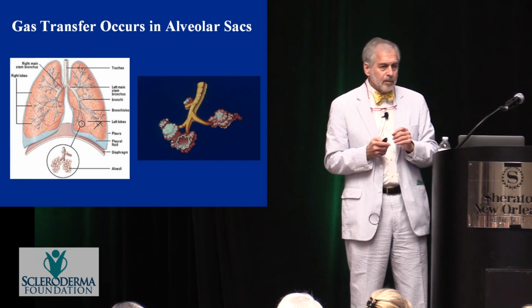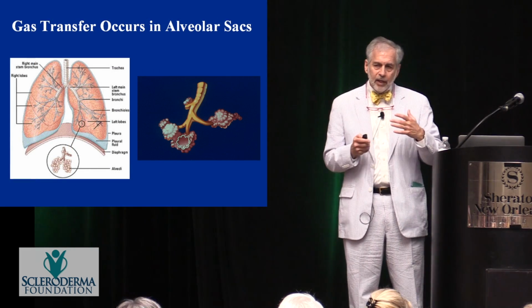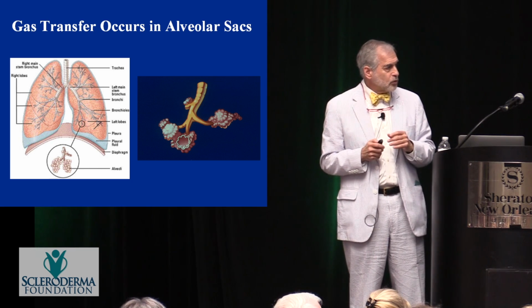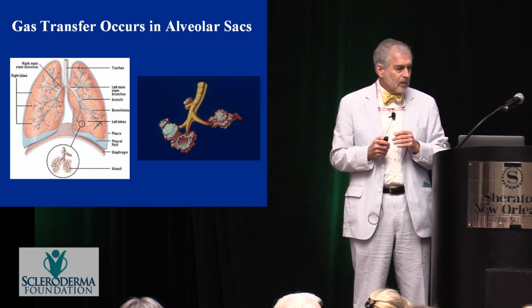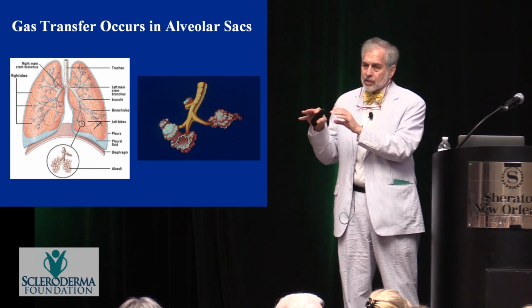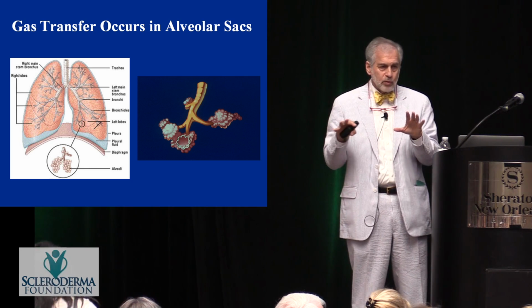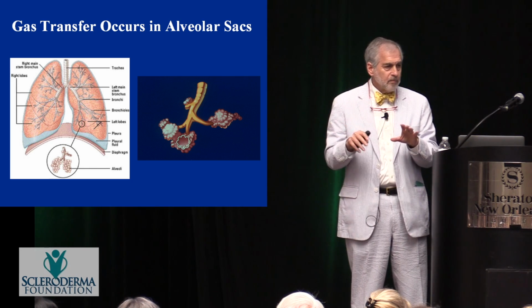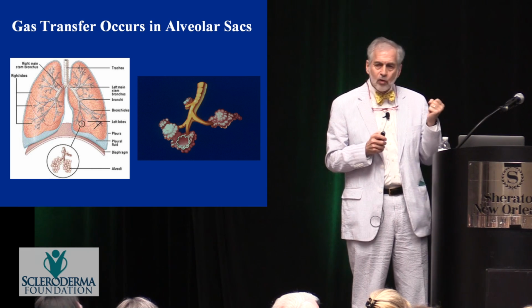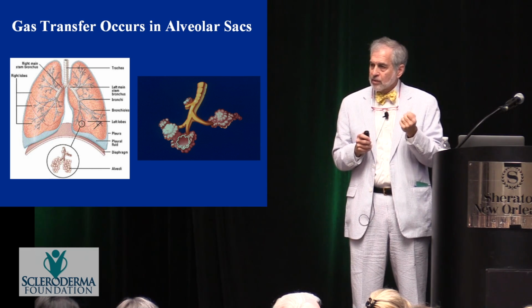Now, once you breathe the air in, it goes into the lower respiratory tract, and it goes to the alveoli, which is the smallest. So the airways continue to branch. They get smaller and smaller as they move out towards the periphery of the lung, and they end up in a small sac that's called an alveolus.